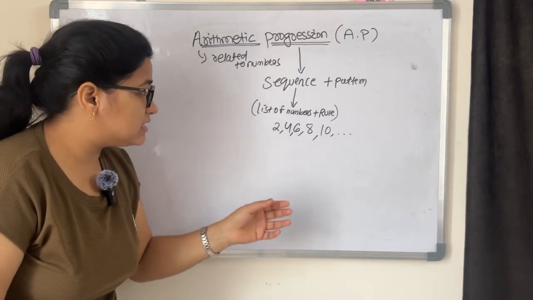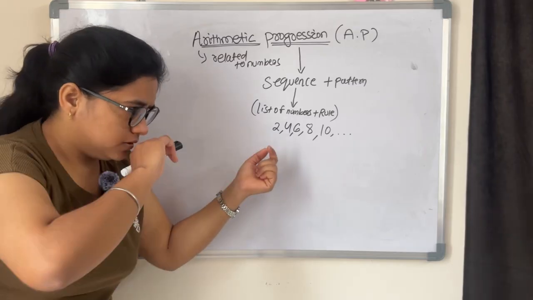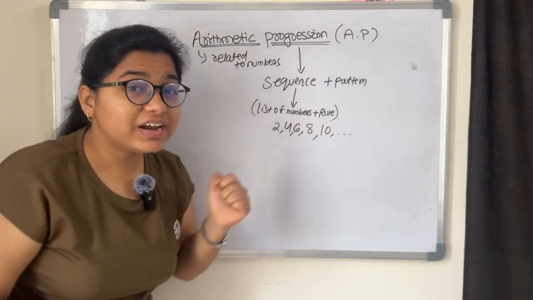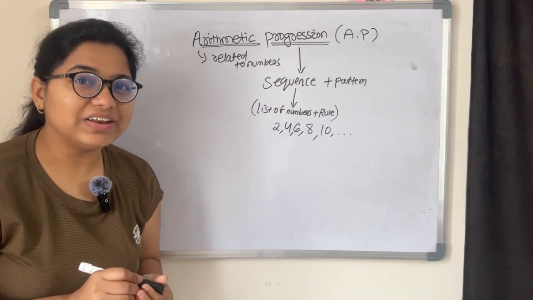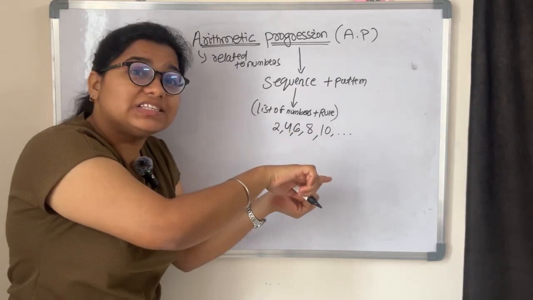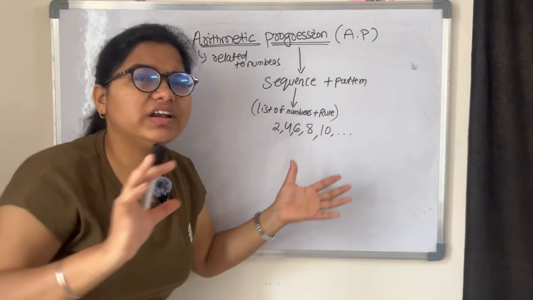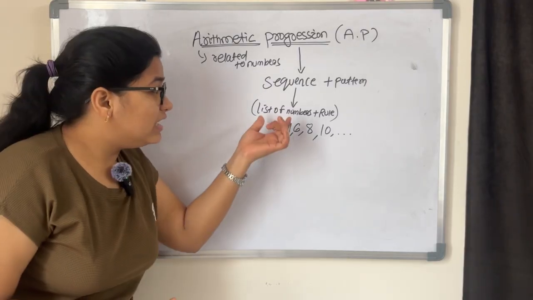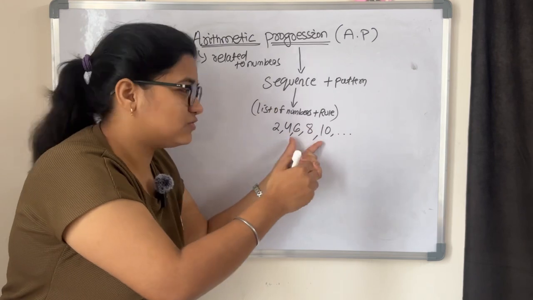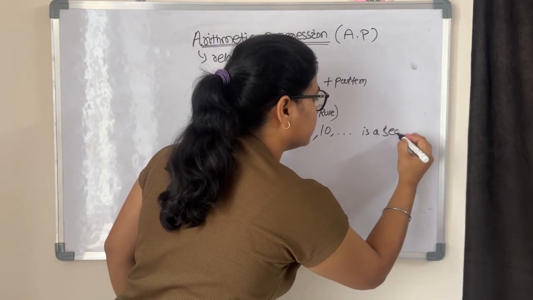Yes, you can say it is the natural number set, sorry, you can say it is the even number set. So a list of numbers plus one rule is there, so it is a sequence.